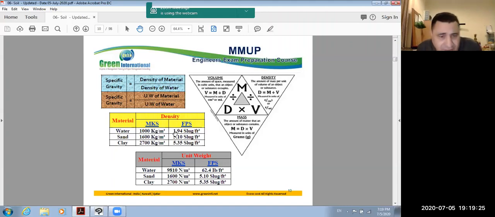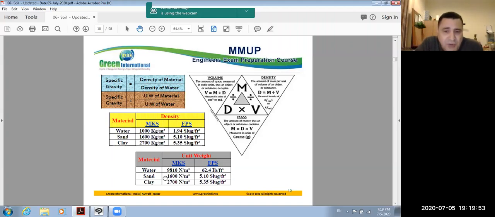You have to understand that for water especially, the unit weight of water is equal to 9,810 Newton over cubic meter. Try to memorize it. And in foot-pound-second it is equal to 62.4 pound over cubic feet.